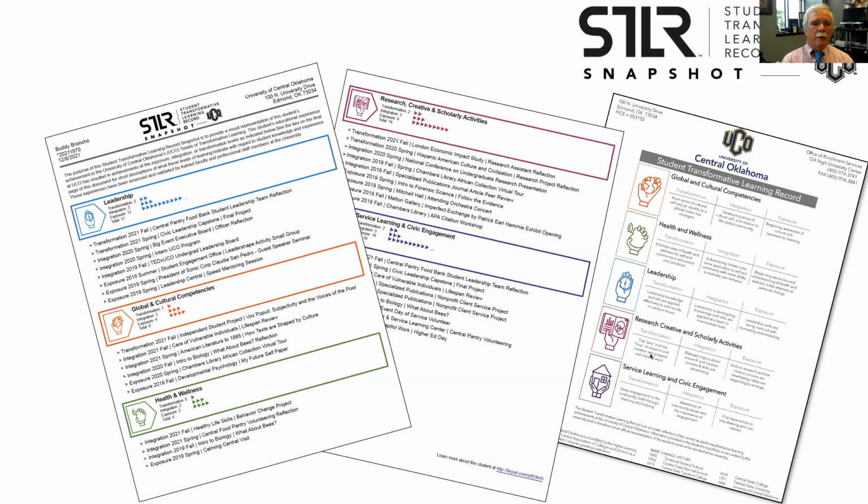These are simple, basically single sentence statements about what it means when a student achieves, for example, the highest level of transformation in global and cultural competencies, or what the middle level of integration looks like in leadership, or what the lowest level of exposure means for service learning and civic engagement. So students can definitely get hard copies of these, but they are also communicated to grad schools and employers via the storefront, if you will.